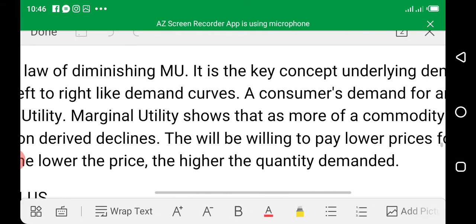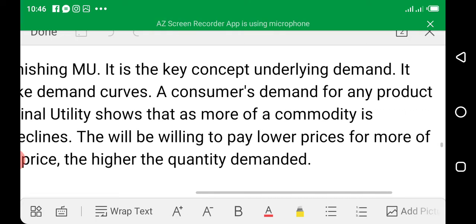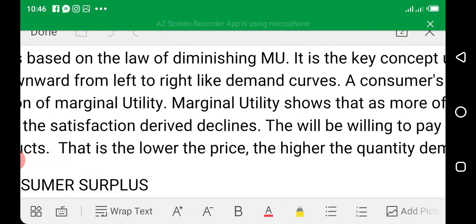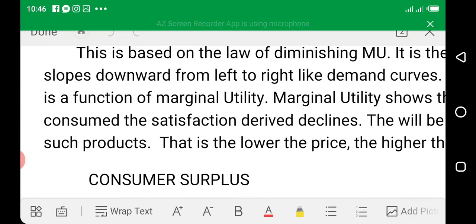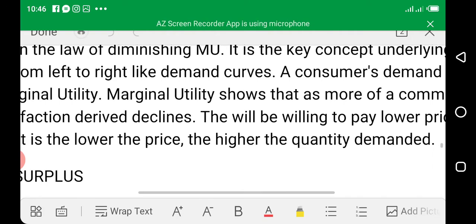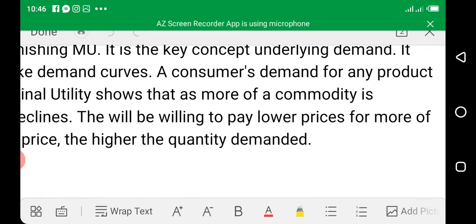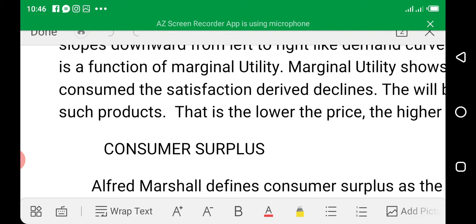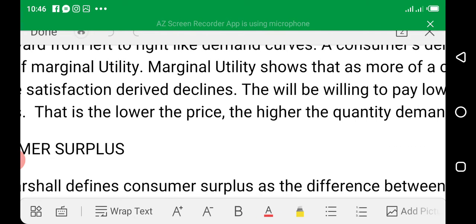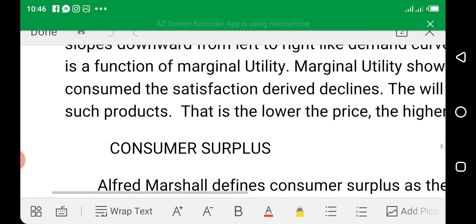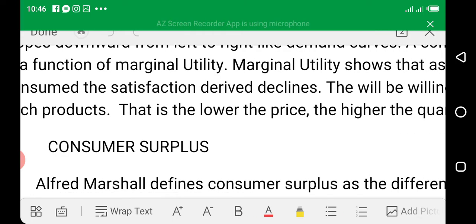Marginal utility is the key concept underlying demand, and it slopes downward from left to right like demand curves. So a consumer's demand for any product is a function of marginal utility. Marginal utility shows that as more of a commodity is consumed, the satisfaction declines.